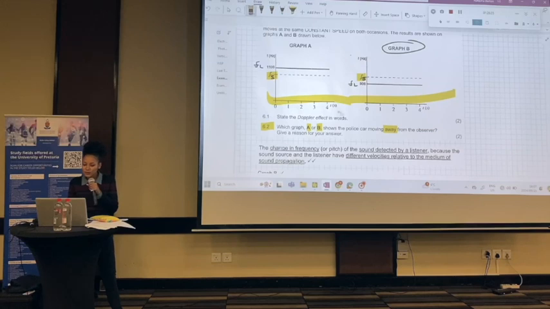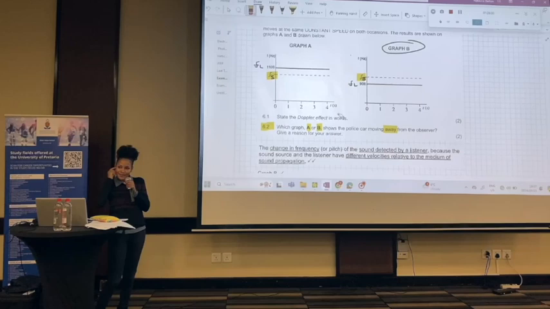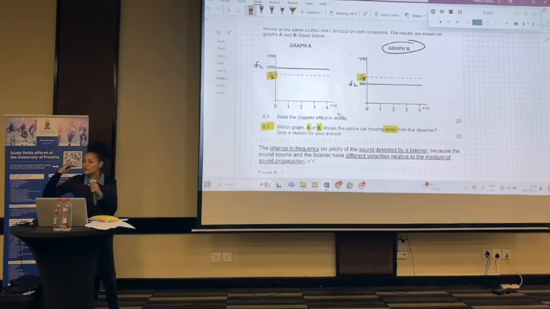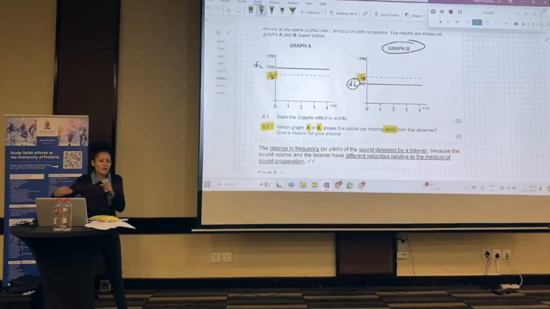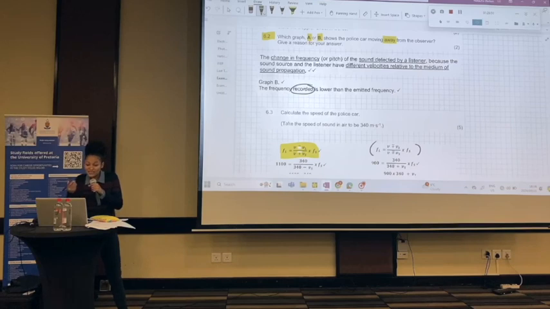The reason is because we compare the frequency observed or detected by the listener to what the source is truly emitting. So in your explanation, you should not only have said that the frequency observed is lower, but you had to say lower than what. Therefore, I looked for: the frequency recorded, or what the listener detected, is lower than the emitted frequency.